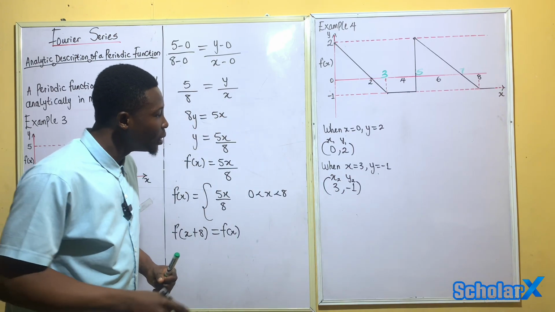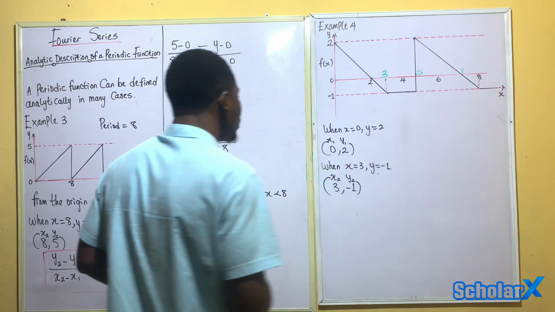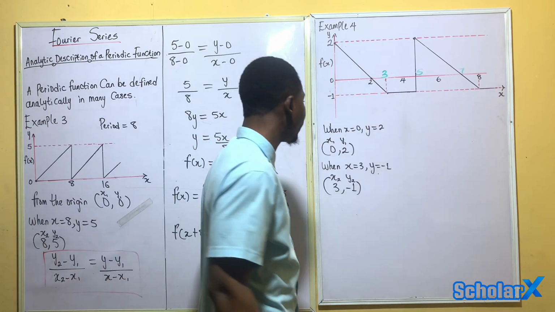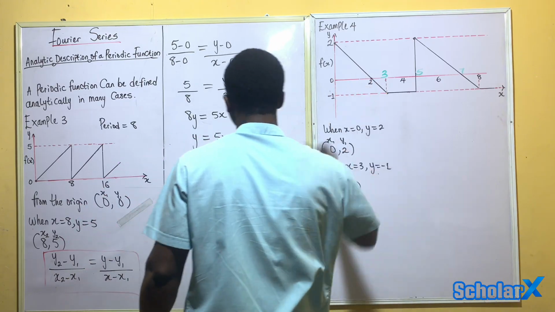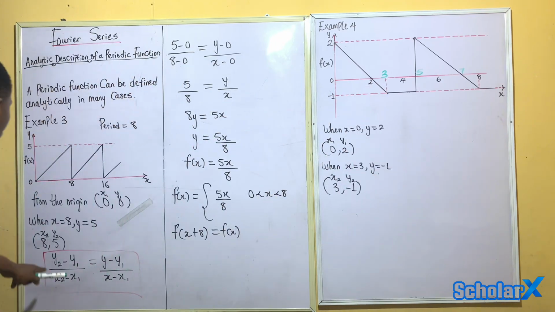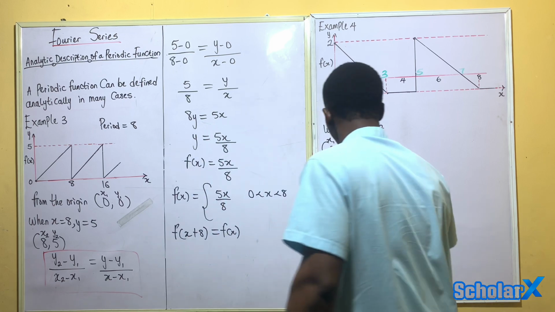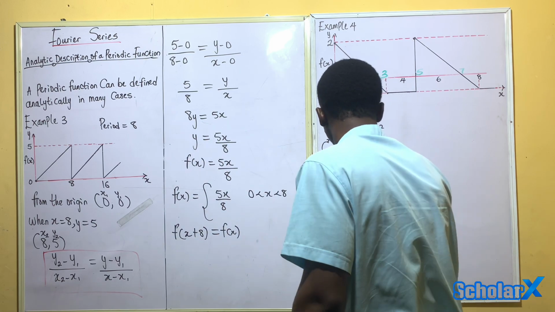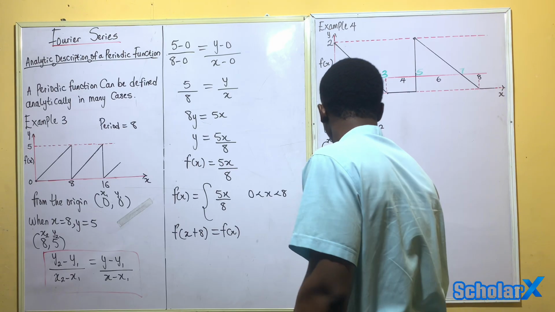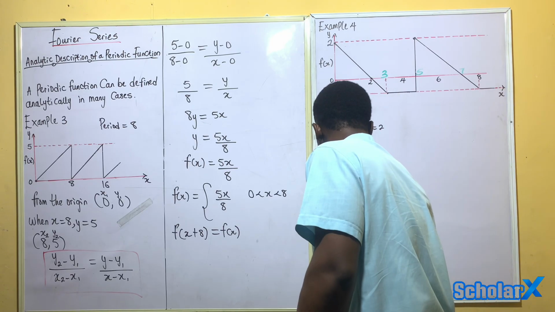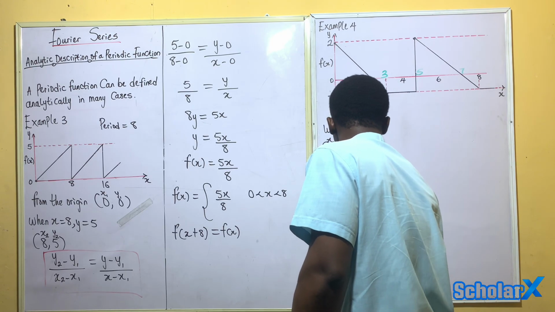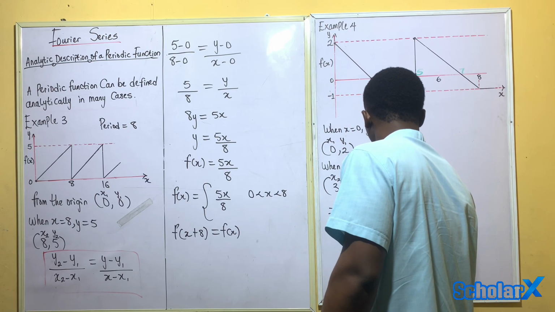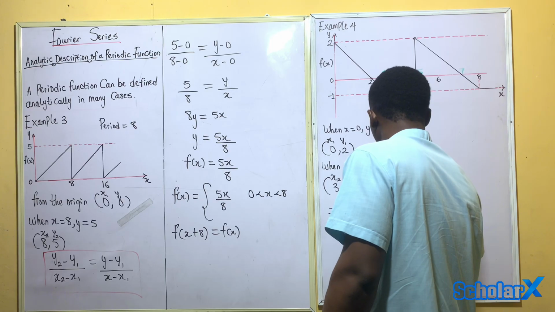Now we're going to use the equation of a straight line to find the equation of this line between 0 and 3. So putting it here, it's going to be y2 minus y1, that's minus 1 minus y1, which is 2, over x2 minus x1, that is 3 minus 0, equals y minus y1, which is 2, over x minus x1, which is 0.